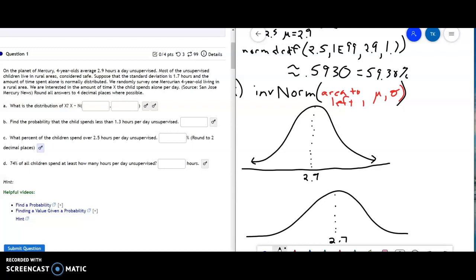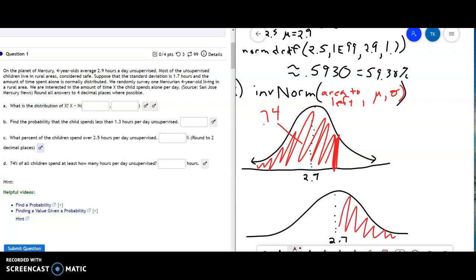And the question that I'm posing is, is that 74% going from the left to a certain number here, where that area is 0.74, or is it going from the right and ending at a certain number here? So am I looking for the first picture, or am I looking for the second picture? Okay, and that's where students have the most trouble. They don't know where to put the percent, okay?